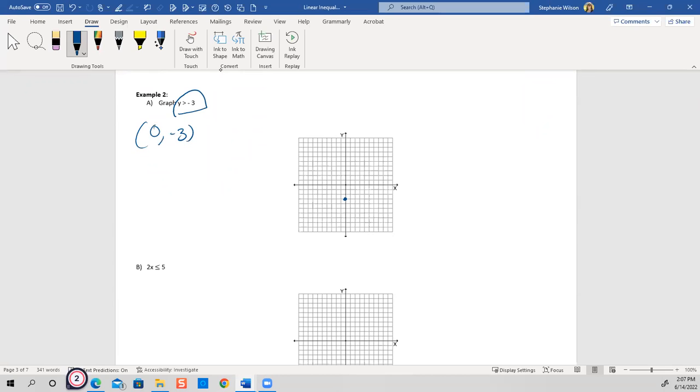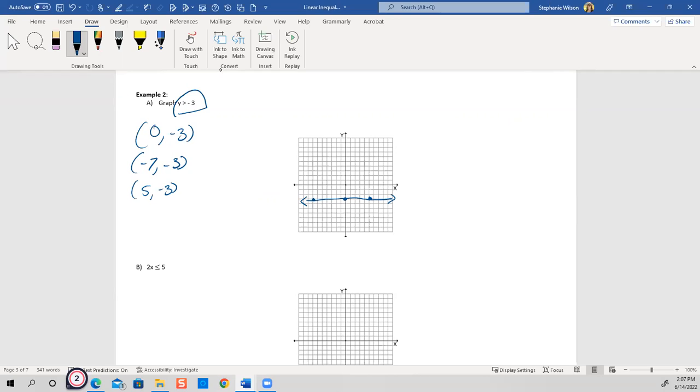Then let's pick -7 for x, which gives me -3 for y, and 5 for x. All I needed was 2 ordered pairs to draw this line, but I wanted to draw more because drawing a straight line is hard on the screen.